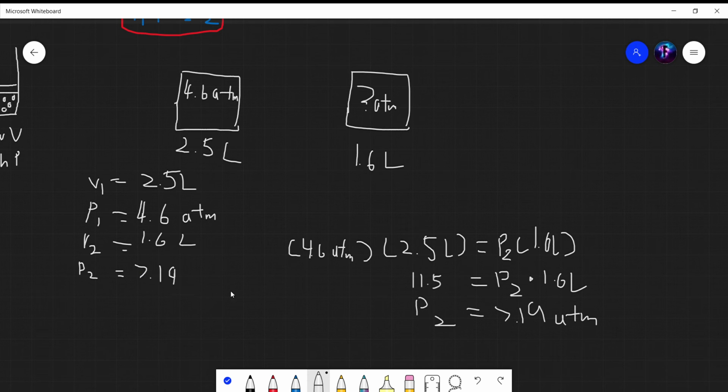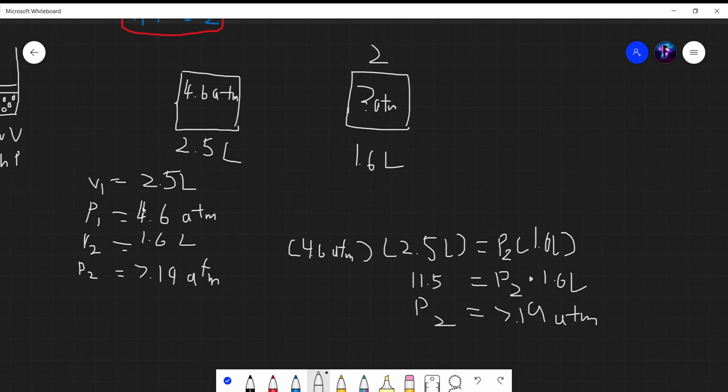Now we can fact check this. The lower the volume, the higher the pressure. So let's see. V1 has 2.5 liters, and V2 has 1.6 liters. So let me write ATM right here. We should have a higher pressure in object number 2.